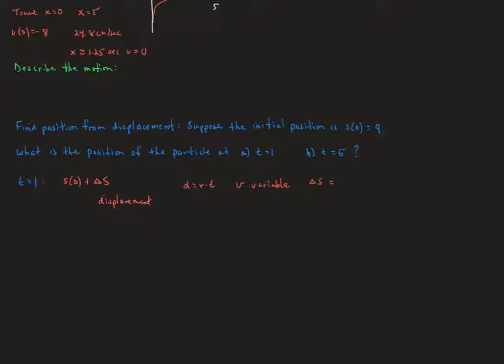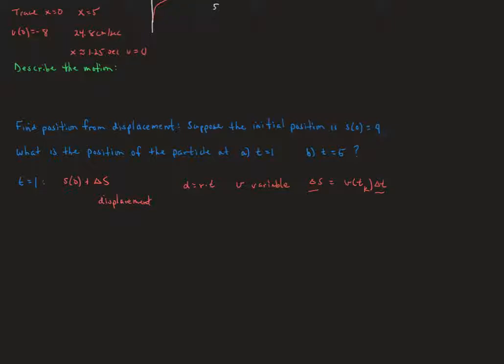So if we were thinking in terms of kind of the microscopic level, we would take the velocity at some time period and then multiply that velocity times a very small delta t to get the displacement over that little time interval.